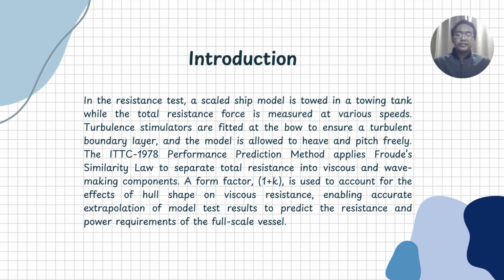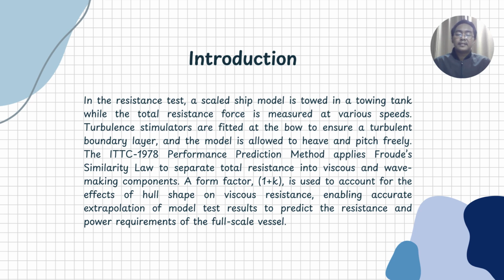First up, introduction. In the resistance test, a scaled ship model is towed in a towing tank while the total resistance force is measured at various speeds. Turbulence stimulators are fitted at the bow to ensure a turbulent boundary layer, and the model is allowed to heave and pitch freely.